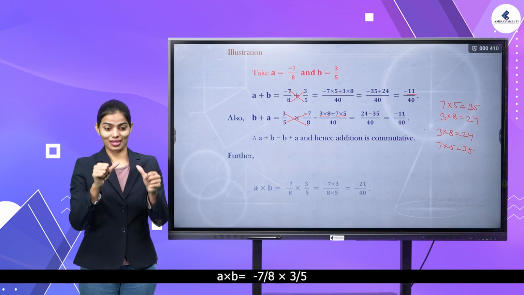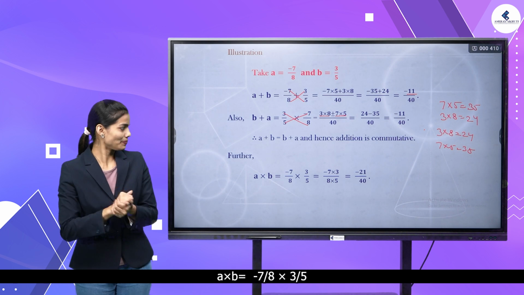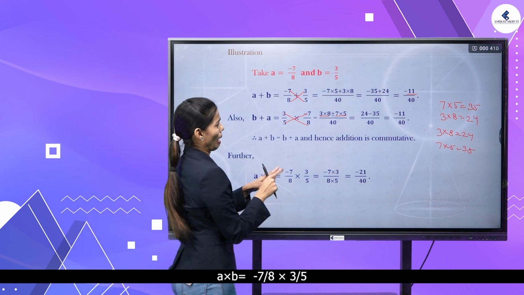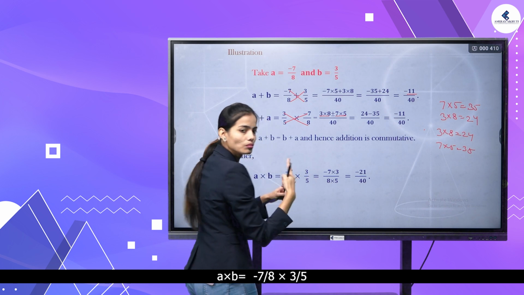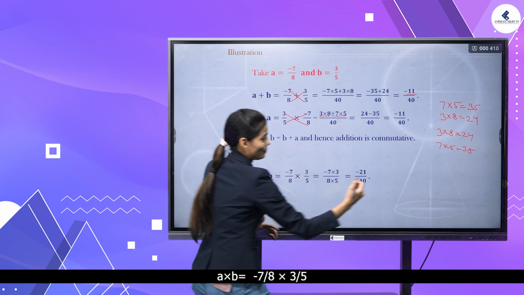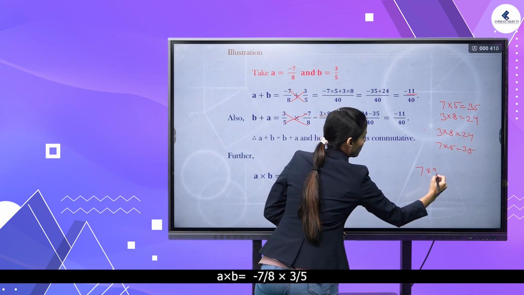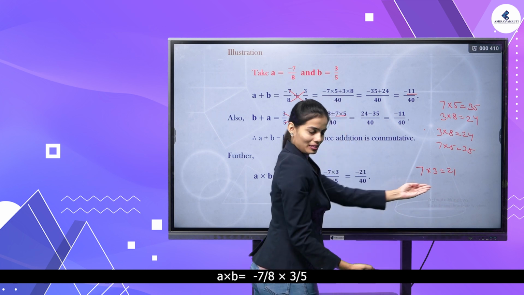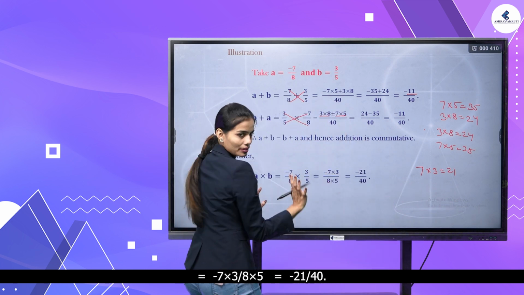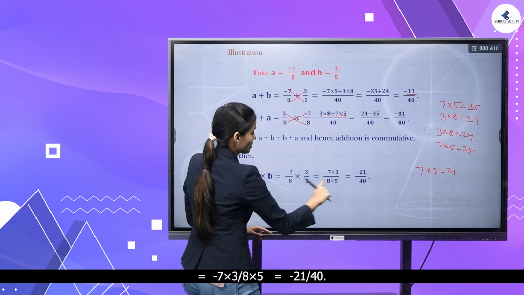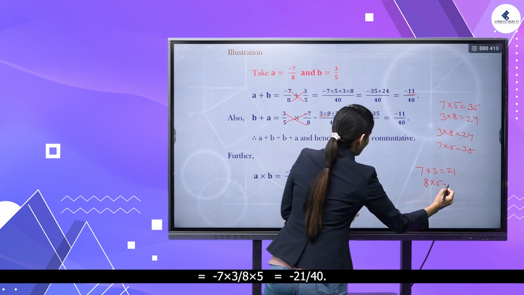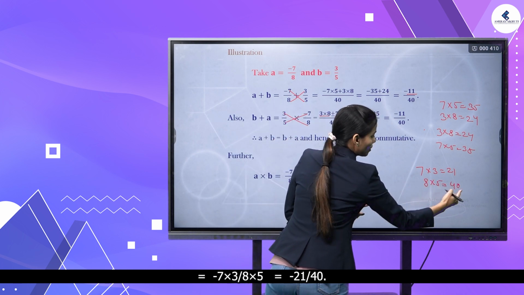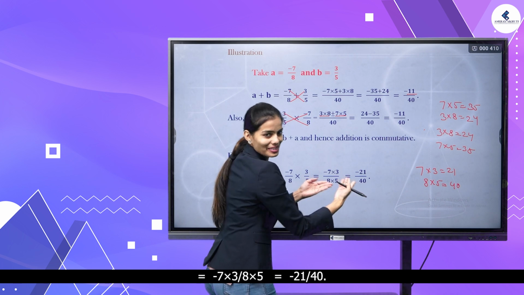Further, a into b is equal to minus 7 by 8 into 3 by 5, is equal to minus 7 into 3 by 8 into 5, is equal to minus 21 by 40.